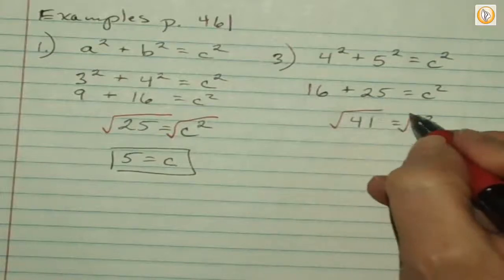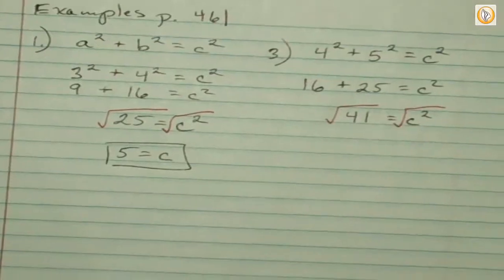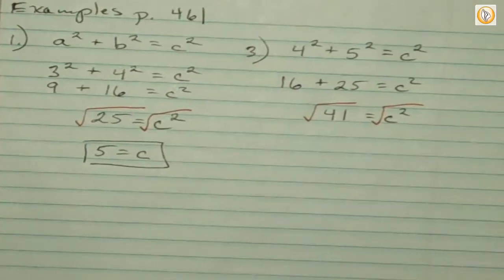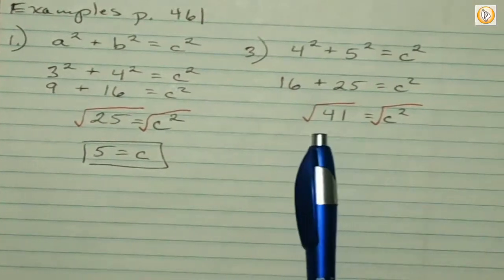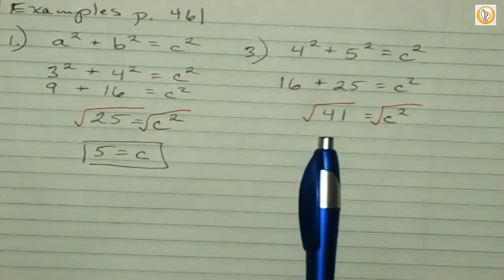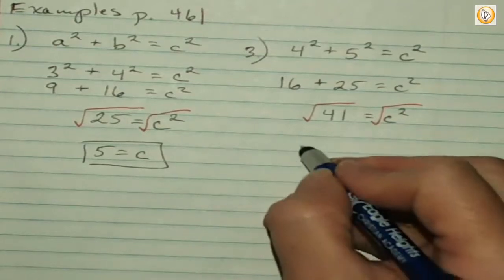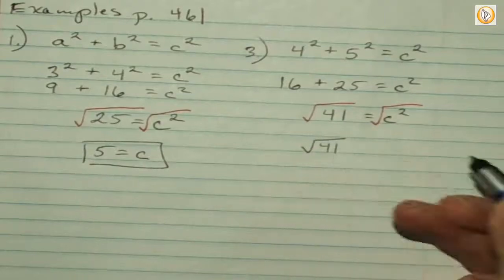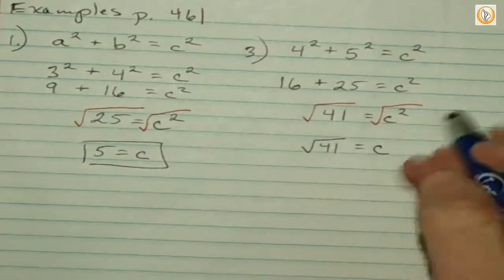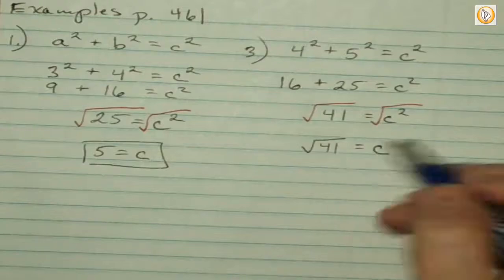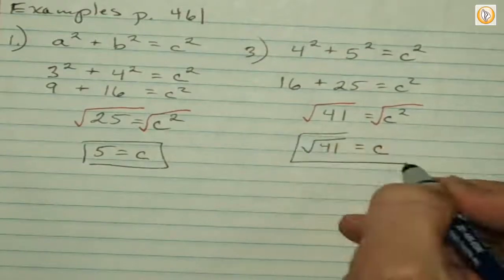Now, Miranda, is this simplified? It is. There is nothing we can do to 41. So your answer is the square root of 41 equals c, because this we can take out. But this one is already simplified, so that is your answer.